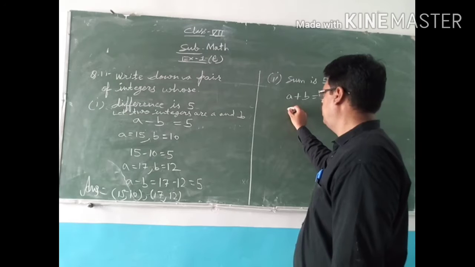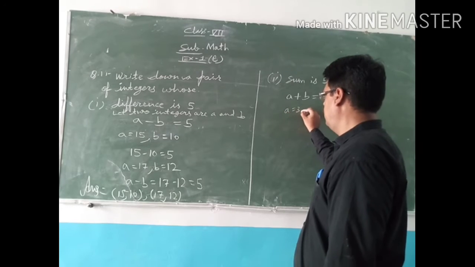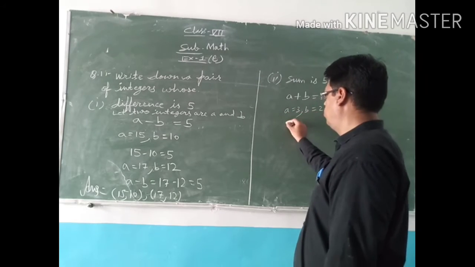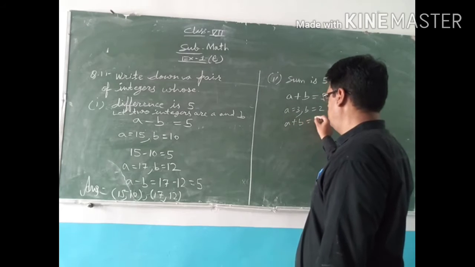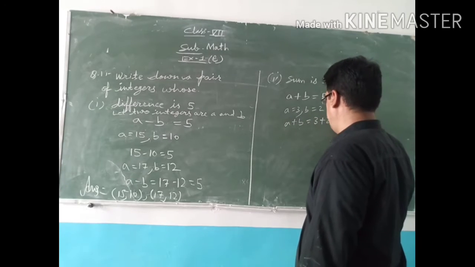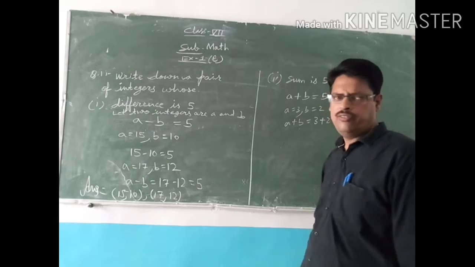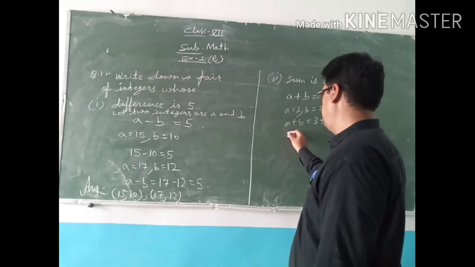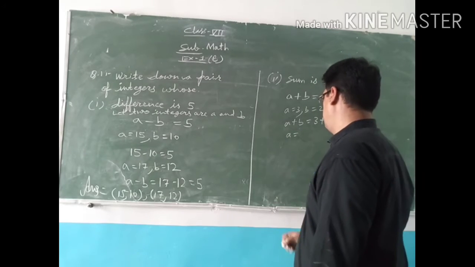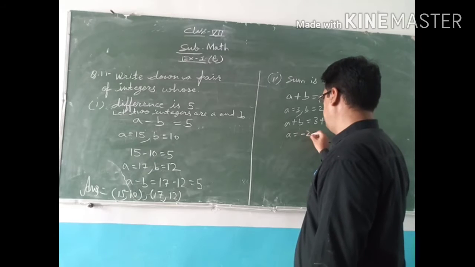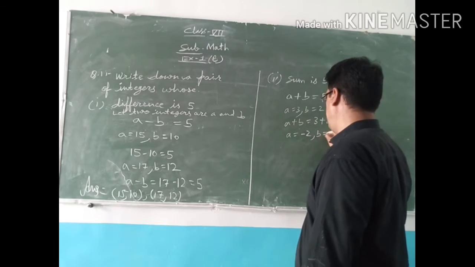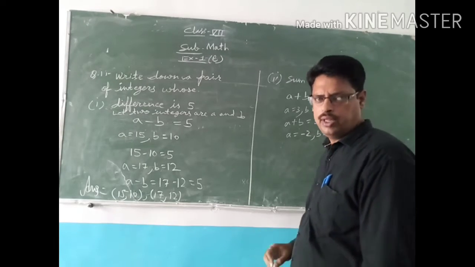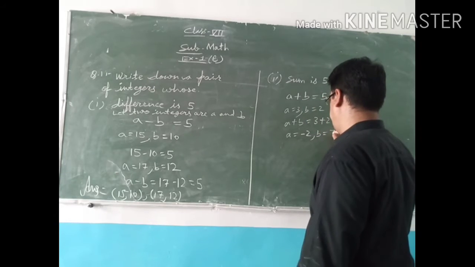Suppose I am taking a equal to 3 and b equal to 2. So a plus b is 3 plus 2 and that is equal to 5. Now one negative integer also we can take. Suppose I am taking a as minus 2 and b one positive integer, suppose 7.